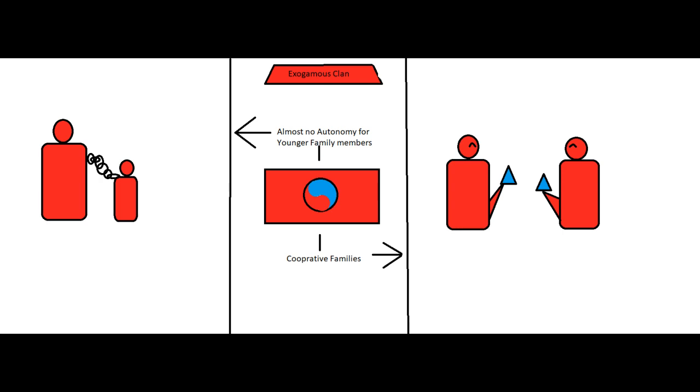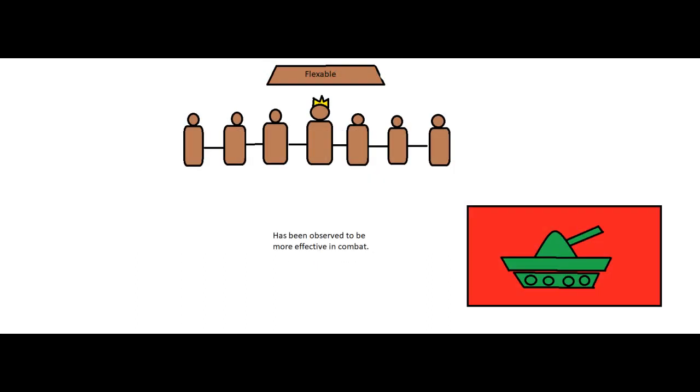Either or will work. We then move on to exogamous clan's closest familial system, which is the flexible familial system. This familial system is characterized by the extreme application of polygamy. Basically, it is polygamy driven to the extreme.